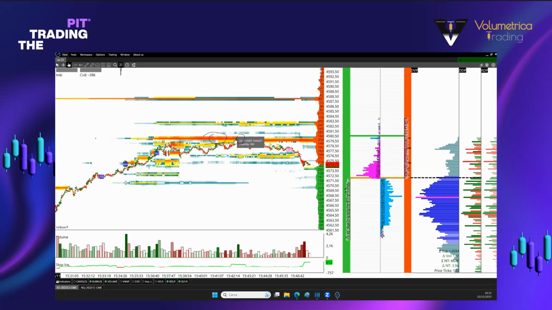Here we had roughly, in the most populated level, 450 lots sitting in the order book. After those aggressive buyers hit the level, we had 158 left.